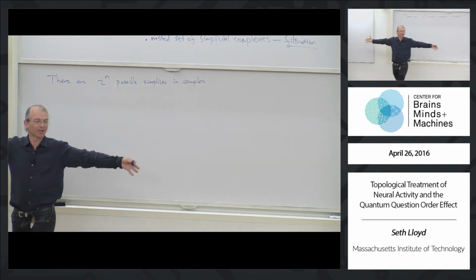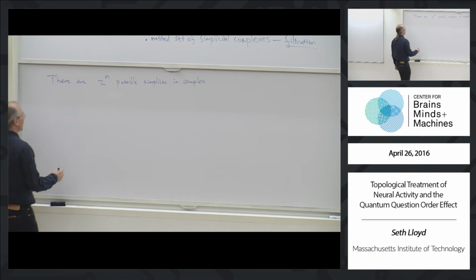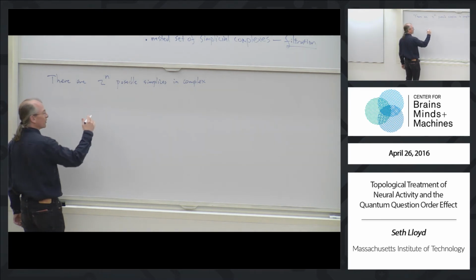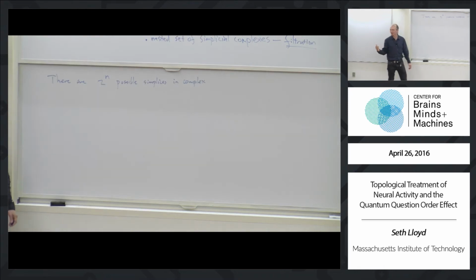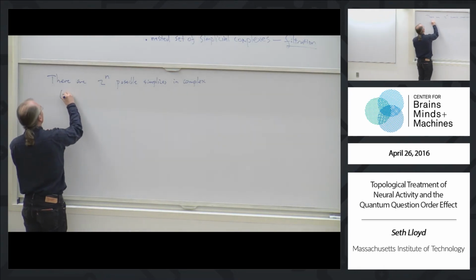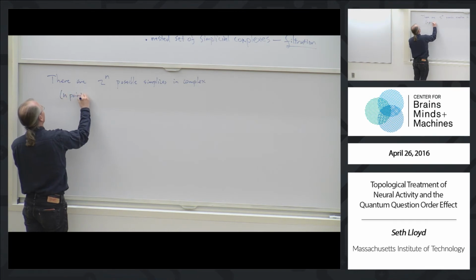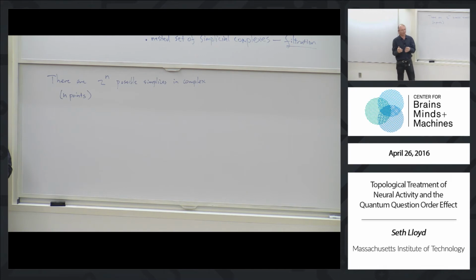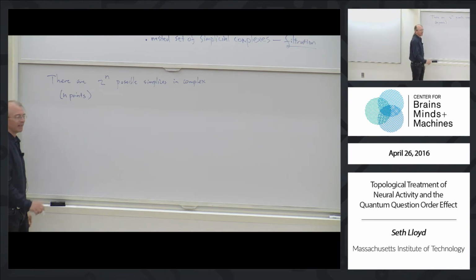When everything is in it, then I have 2 to the n. And there's a simple way to actually see this. First of all, this is the power set. It's the set of all subsets of these, if there are n points. Any subset of these n points is a possible simplex. The set of all subsets is the power set. There are 2 to the n members in the power set, blah, blah, blah.